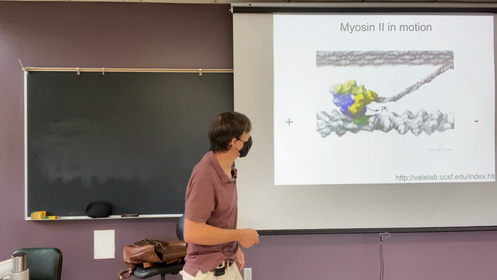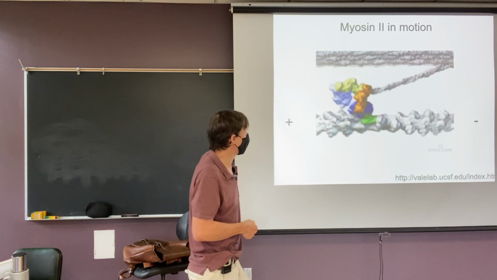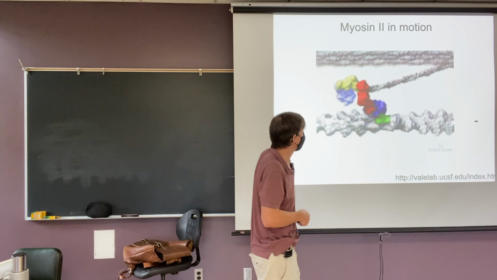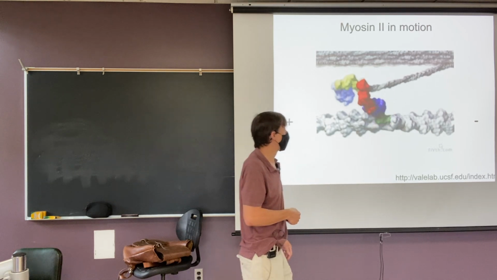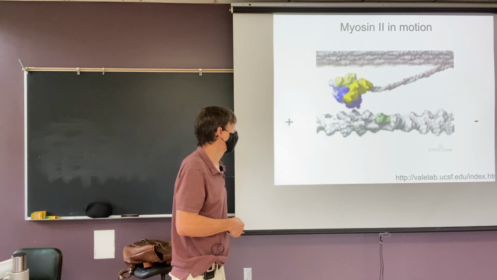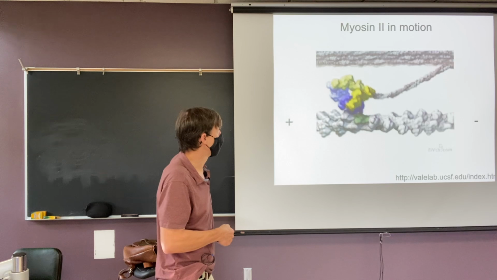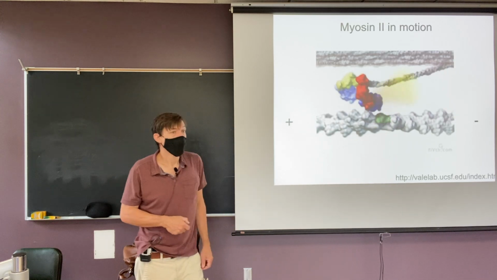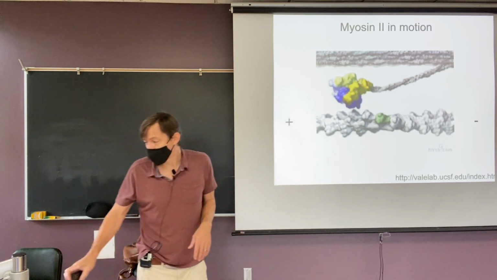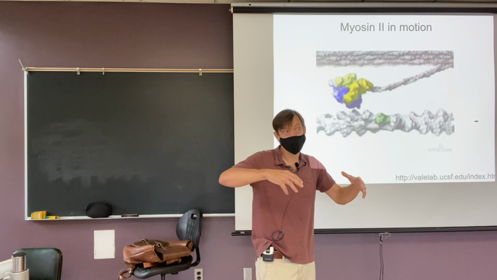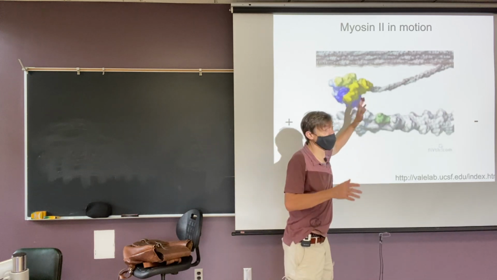So myosin is going to bind to the actin filament, ATP is going to get hydrolyzed, ADP is going to be released. So it's taking a step, and when I show a full molecule of myosin, this is just one head group.